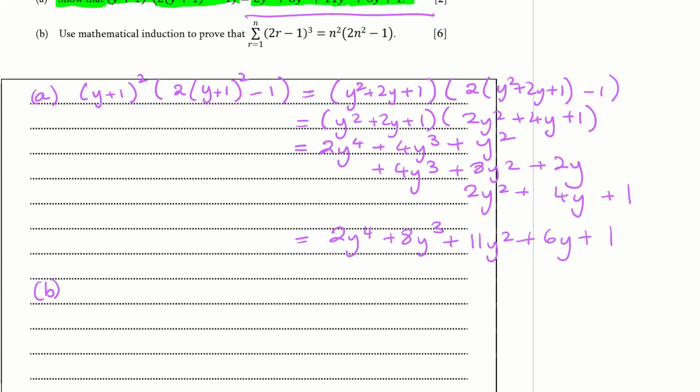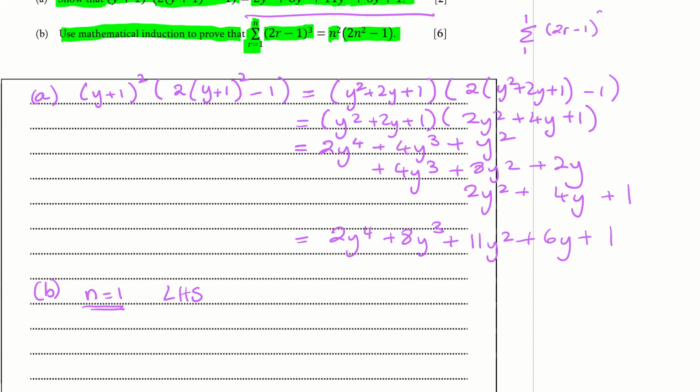Second part of the question is, use mathematical induction to prove that the sum from r equals 1 to n of (2r minus 1) cubed is n squared (2n squared minus 1). Let's look at the n equals 1 situation. The left-hand side is the sum from 1 to 1, just one term, of (2r minus 1) cubed, that's just 2 take away 1 cubed, which is 1.